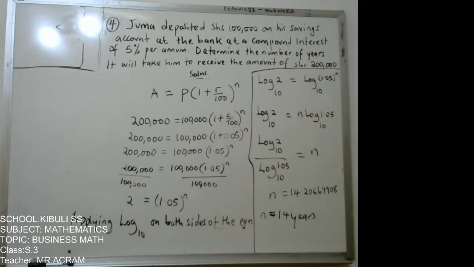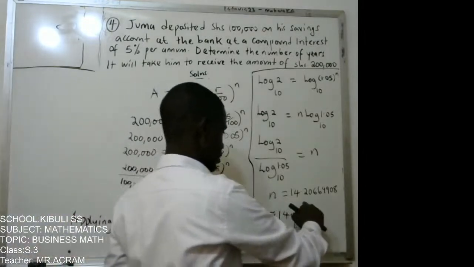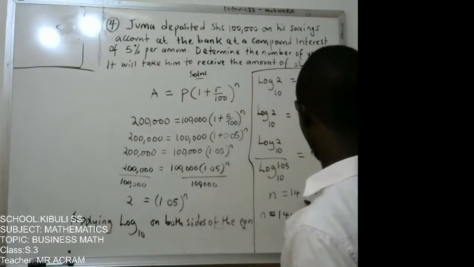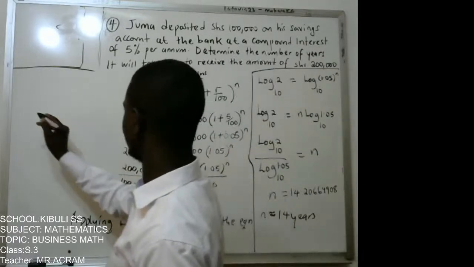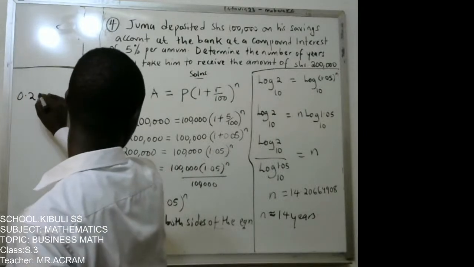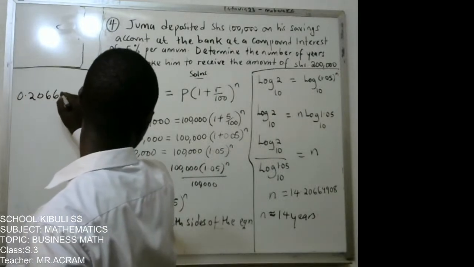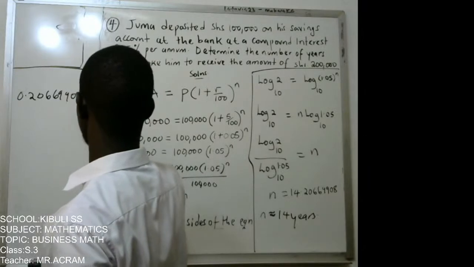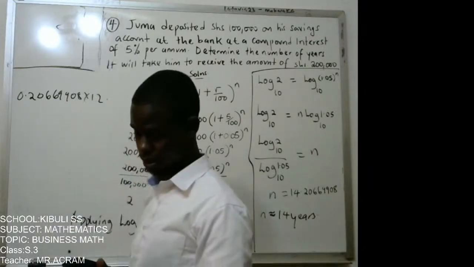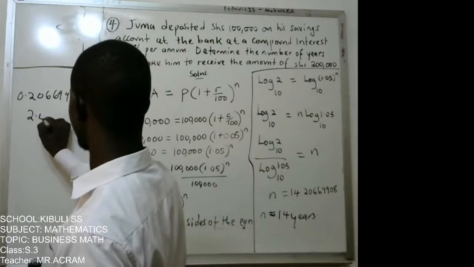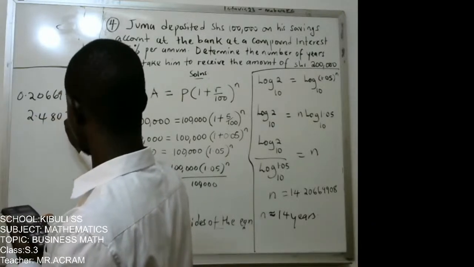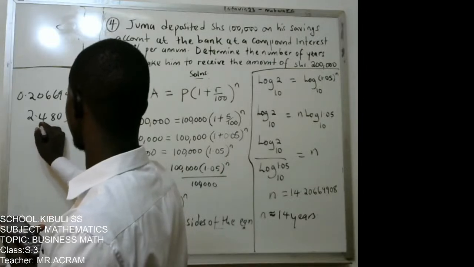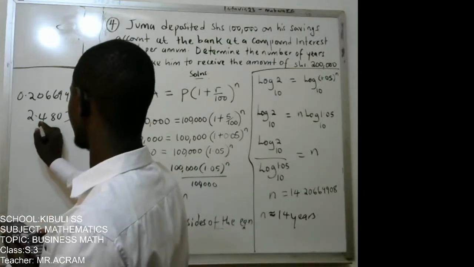If you want to get the months that are in this, then you remove the 14 and you get 0.020669908 times 12. Then you get the months, which will be 2.4803, approximately 2.4.